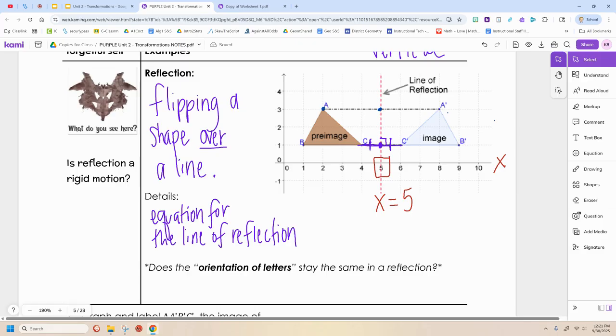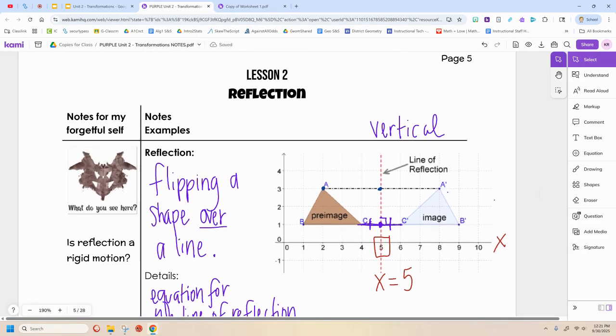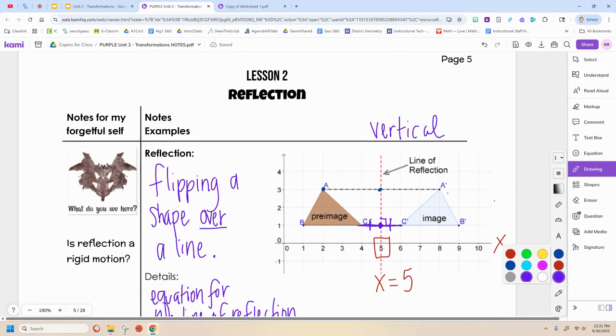Okay, so a line of reflection, and I'm going to write it up here. Line of reflection is the, okay, ready? I'm going to use symbol language. What's that symbol? Perpendicular.